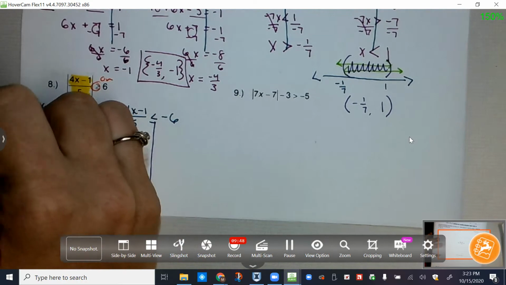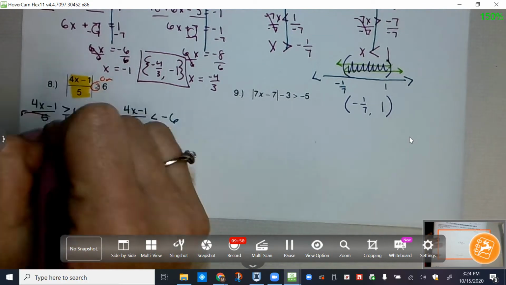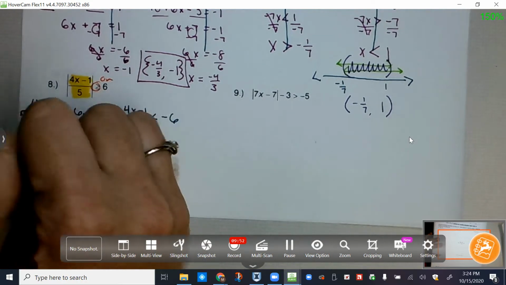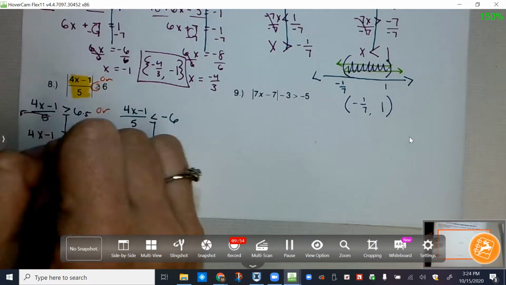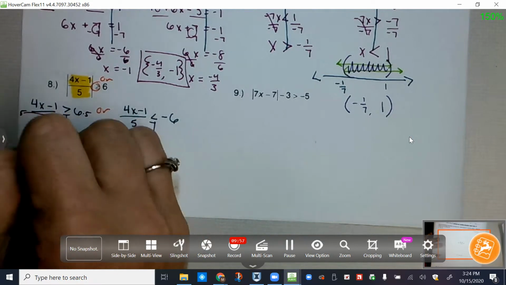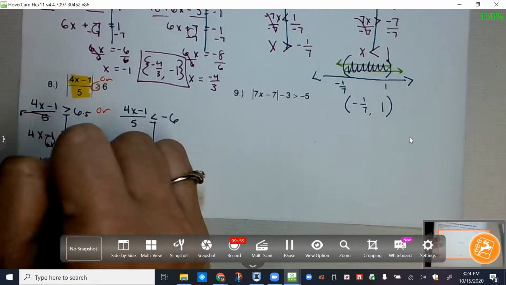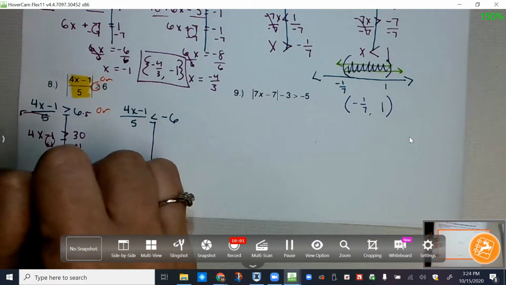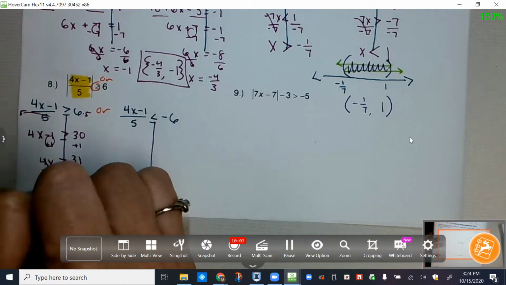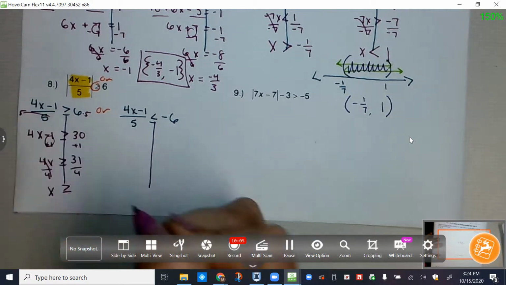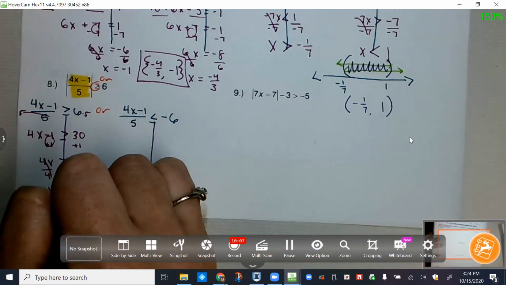Okay, so I'm going to multiply both sides by 5. I get 4x minus 1 is greater than or equal to 30. Add 1 to both sides. 4x is greater than or equal to 31. Divide by 4, divide by 4. I get x is greater than or equal to 31 over 4, which does not simplify.